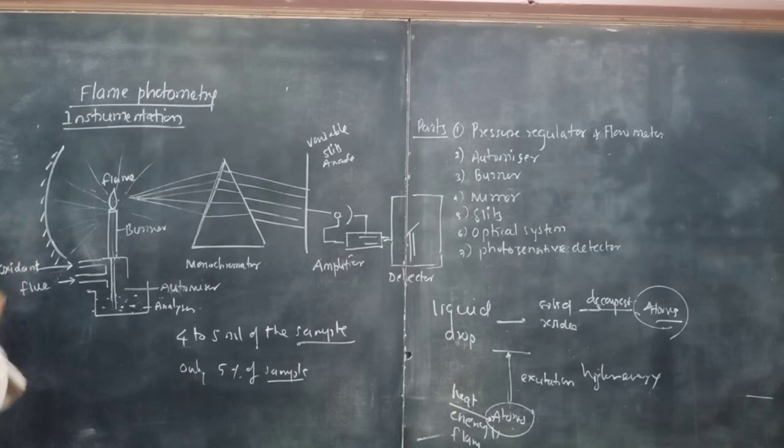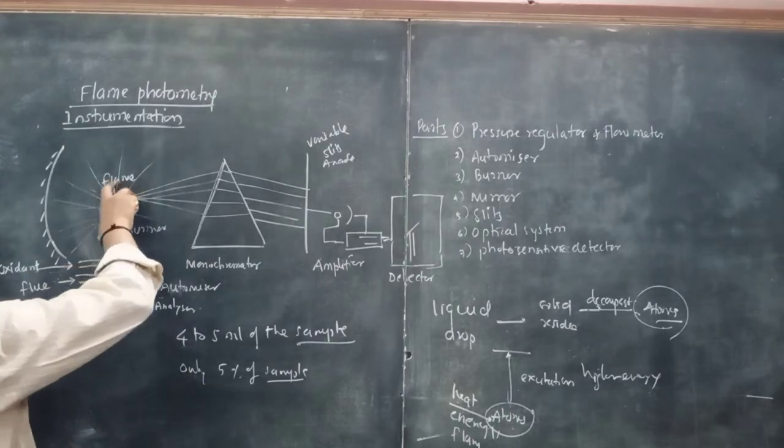Then what is the work of the mirror? The radiations from the flame are emitted in all directions in space, and a portion of the excited radiations will not reach the detector.